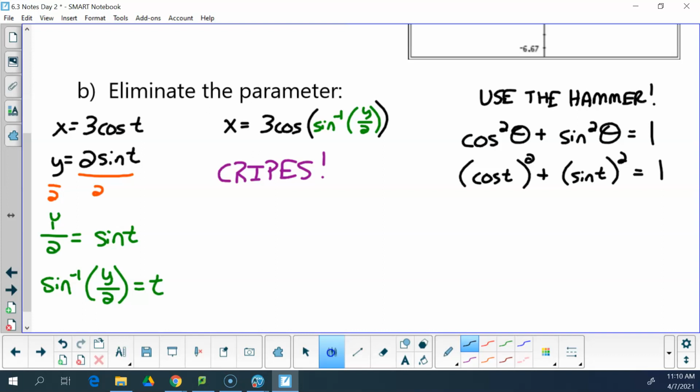So instead of solving for t, let's solve for the sine of t and the cosine of t.